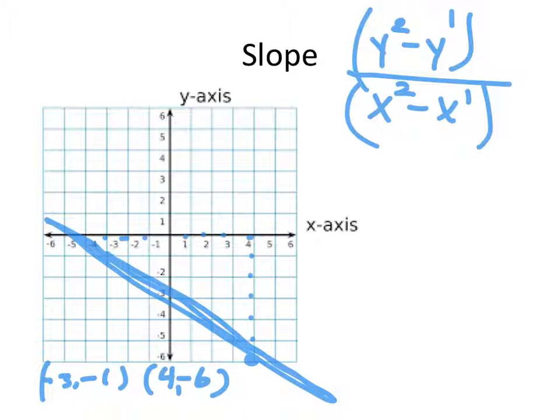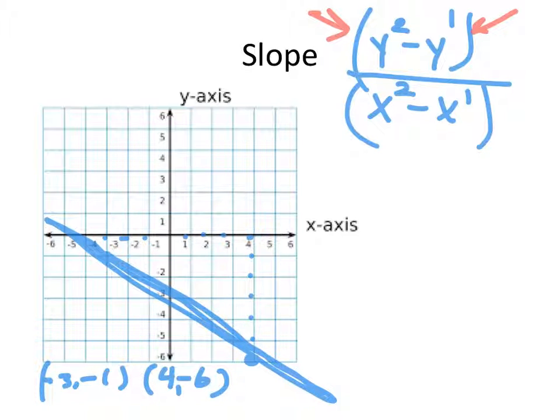So the formula for slope is measuring 2 different things. It's measuring the left and right range of my line, and it's also measuring the height, the up and down tilt of my line. So if I take the 2 numbers that reflect the up and down part of my line, the y-axis, and I take y2 and y1 and I subtract them, that will give me the range of height.